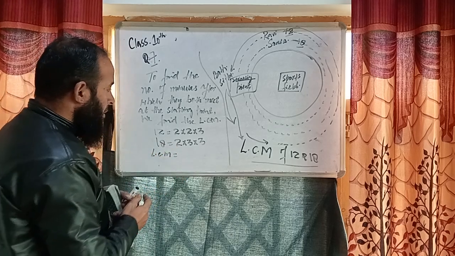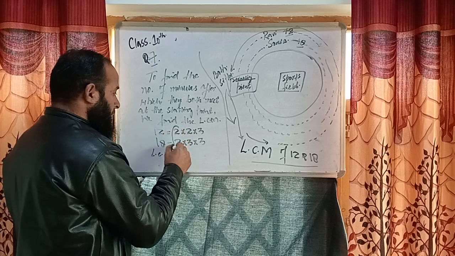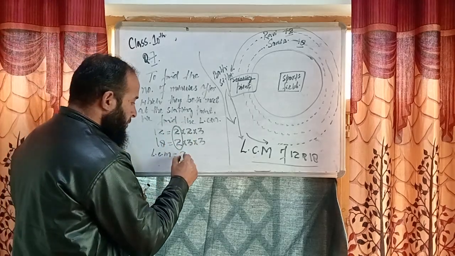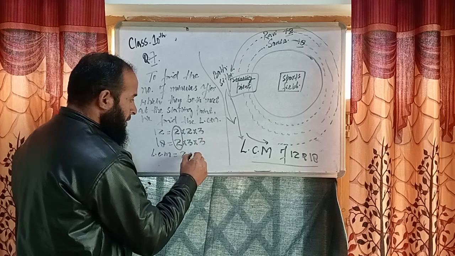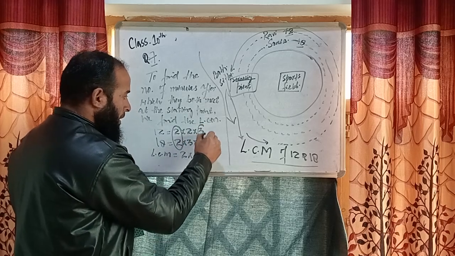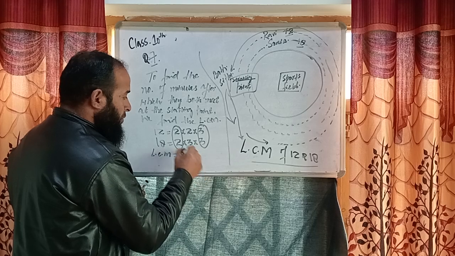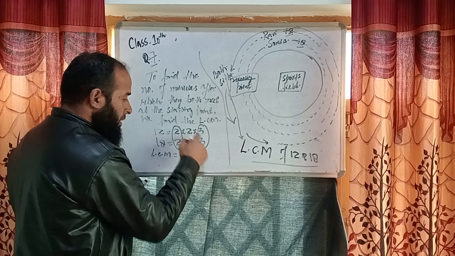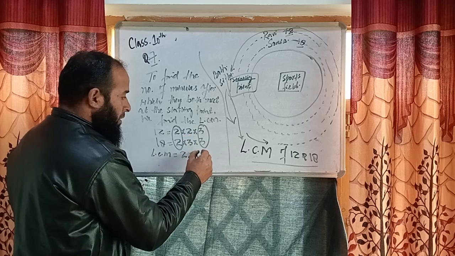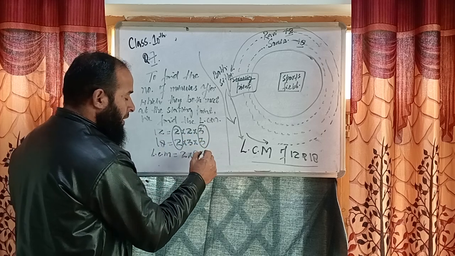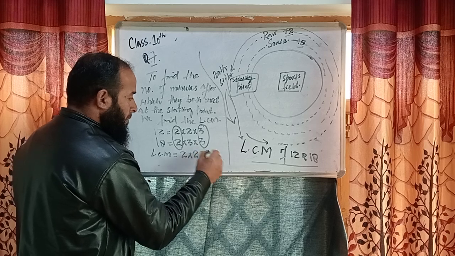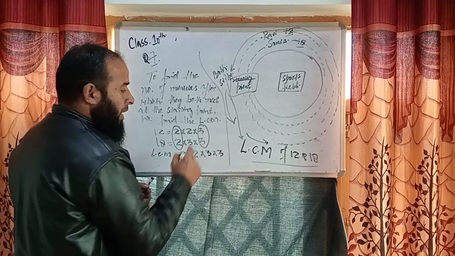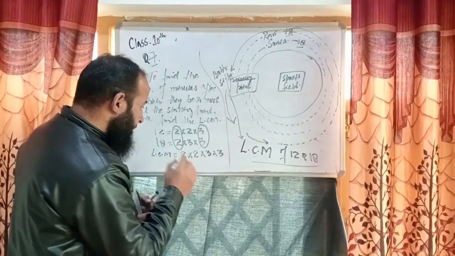It will be 2 times 3 times 2 times 3, taking one 2 and one 3 from the common factors, with the remaining factors: 2 times 2 is 4, times 3 is 12, times 3 is 36.